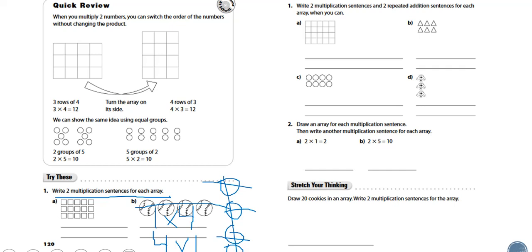Pretty easy. And then at the top here, it says write 2 multiplication sentences and 2 repeated addition sentences. I am happy if you only write the 2 multiplication sentences, so you do not need to write the repeated addition sentence. But write 2 of them. So exactly like what we did down here with the 1 times 4 and the 4 times 1.